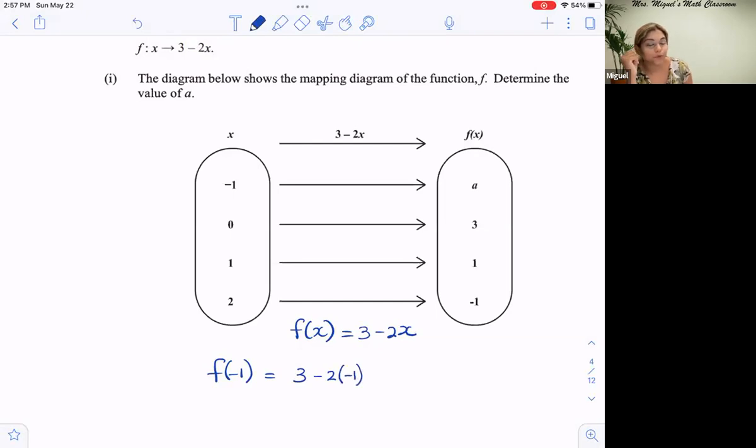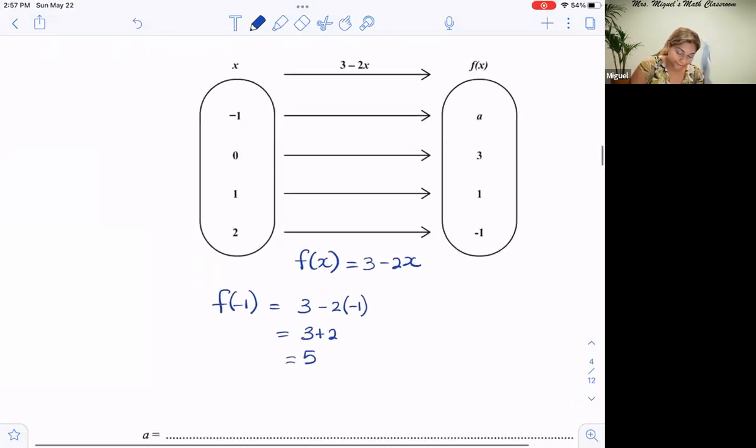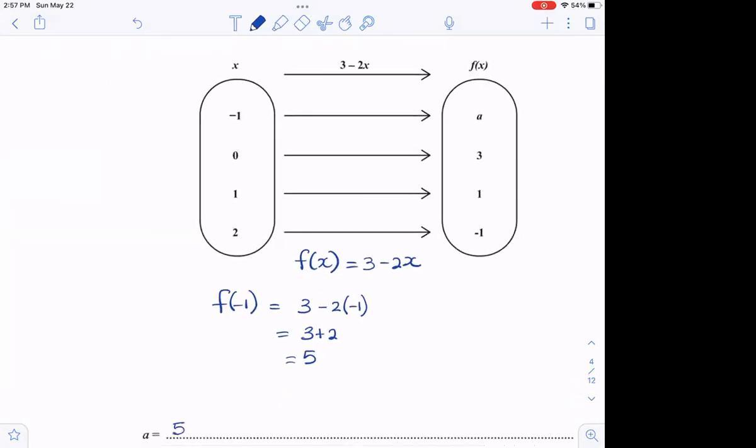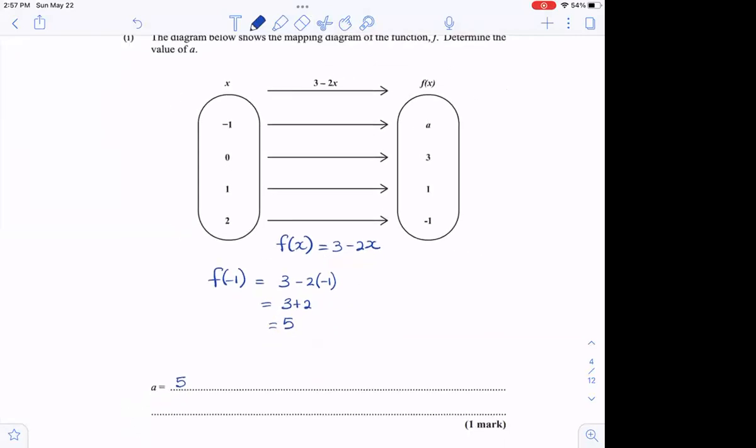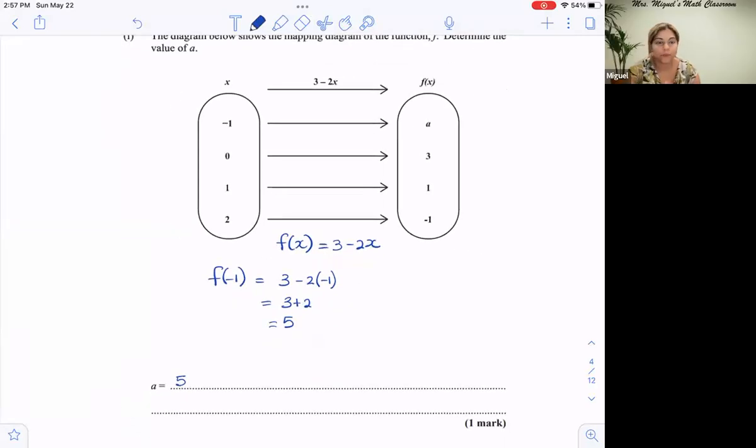If you don't know what happens to two numbers when we multiply that are negative, please use the calculator. There's nothing wrong with that. And you will get 3 plus 2, which is 5. Did you all get that? Yes, miss. So there's no reason why we are not supposed to get this 1 mark.